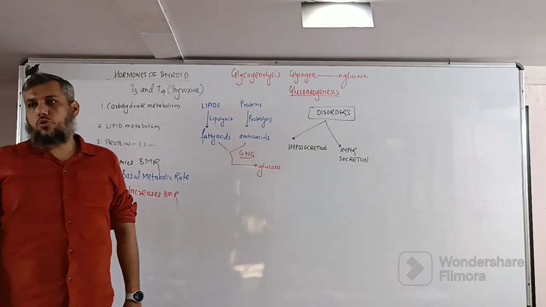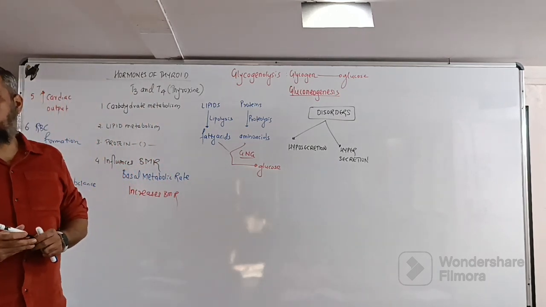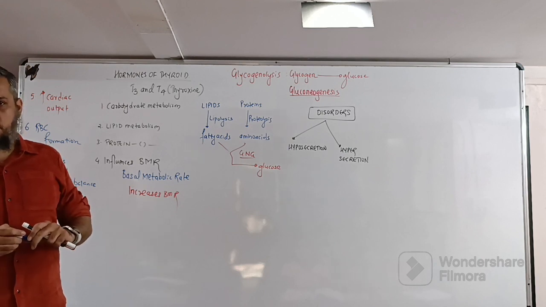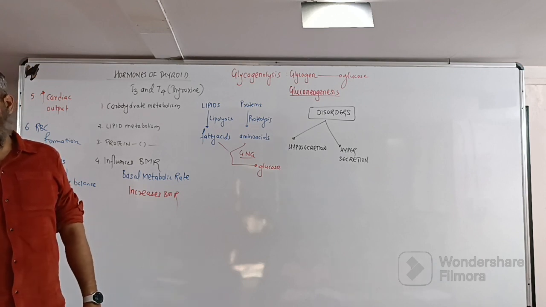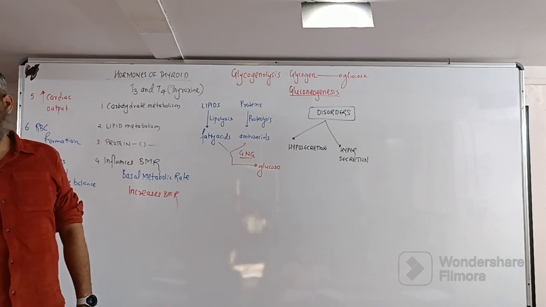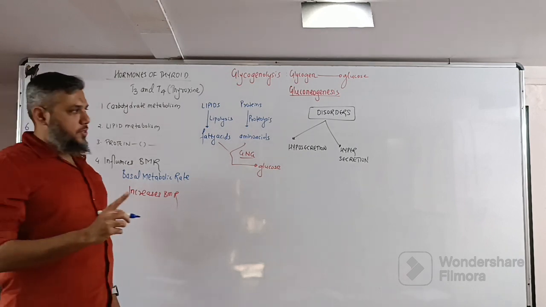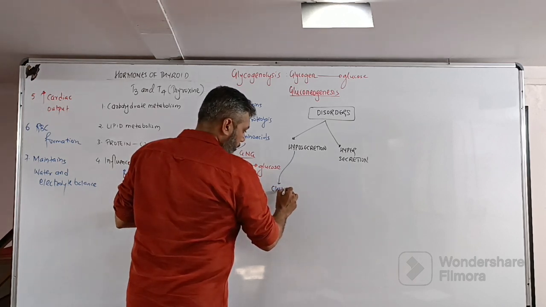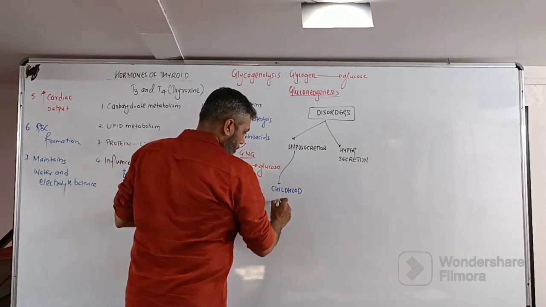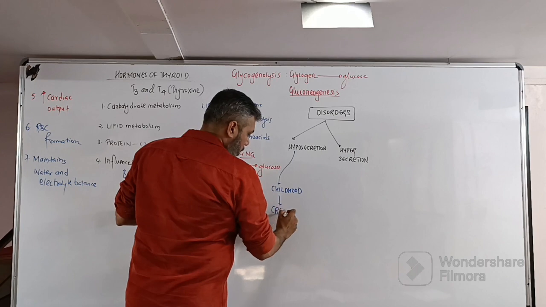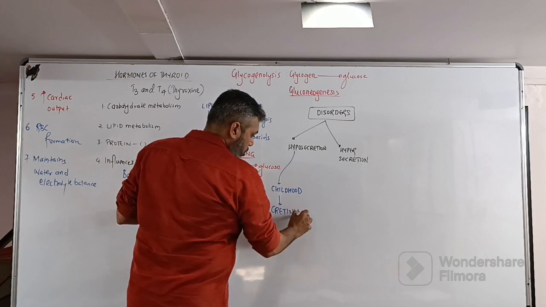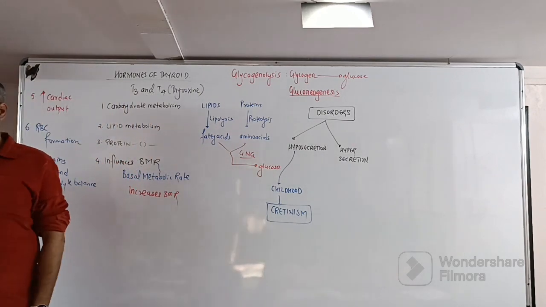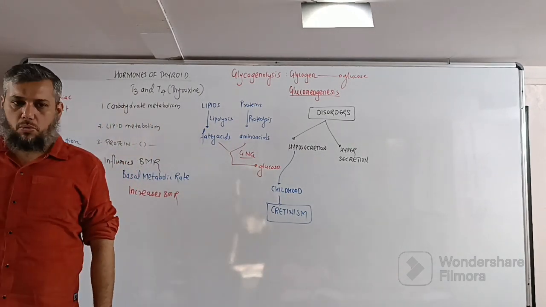Right? So if there is hyposecretion during childhood, then that results in a condition which is called cretinism. If there is hyposecretion occurring during childhood, then the child is called a cretin and the condition is called cretinism. Okay, please understand this now.